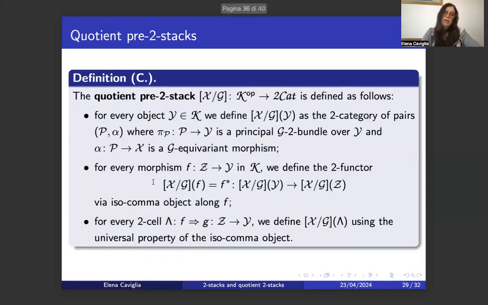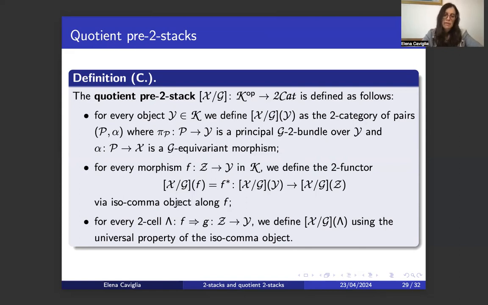And so with this in hand, we can define the quotient pre-2-stack X over G that this time is a trihomomorphism. And it sends every object of K into the 2-category of principal G 2-bundles over the object, equipped with G-equivariant morphisms.